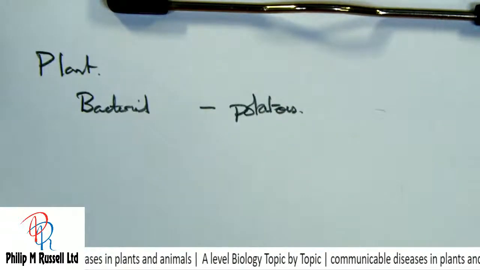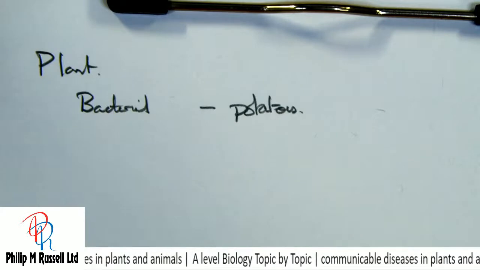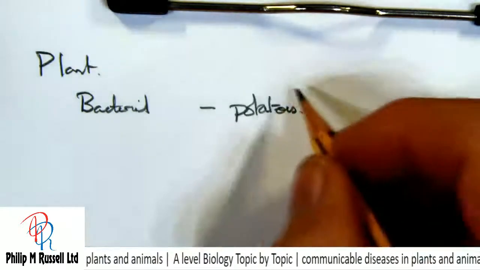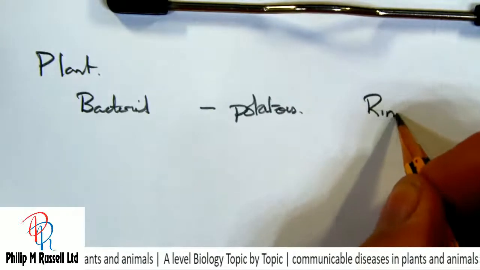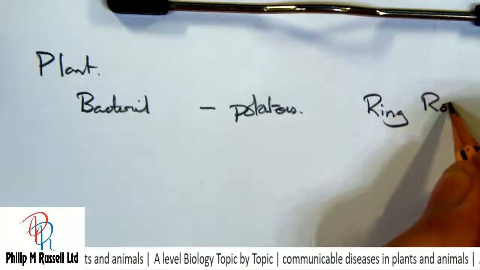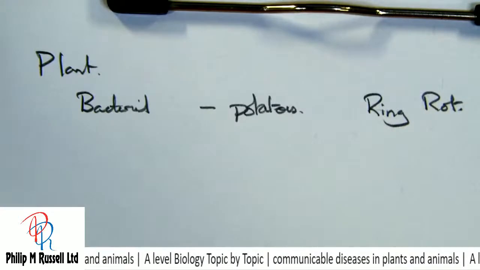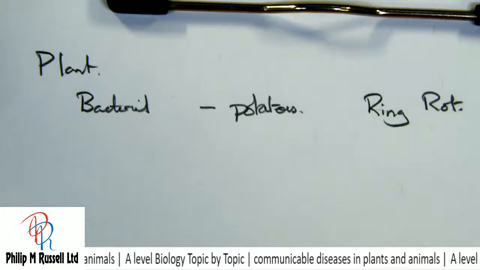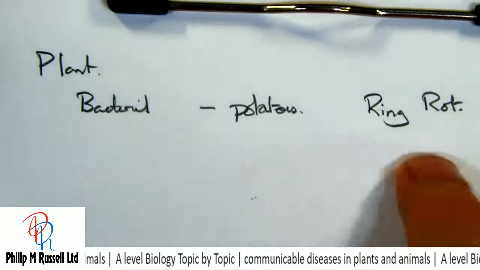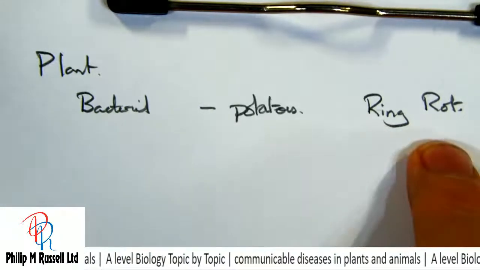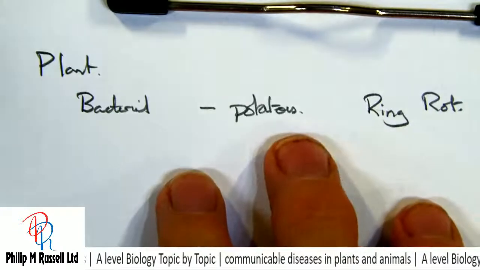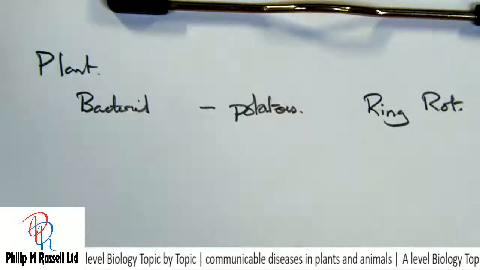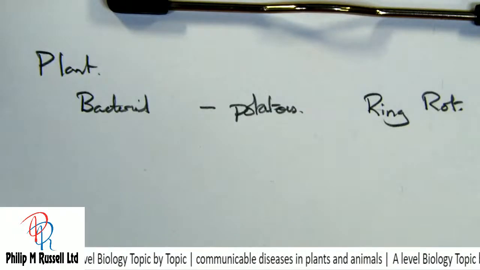There's a gram-positive bacteria that can affect those, and this causes something which we've seen, which is called ring rot. And once you've got this infected, then we can't use the ground, because this bacteria is going to stay in the ground for up to a couple of years.